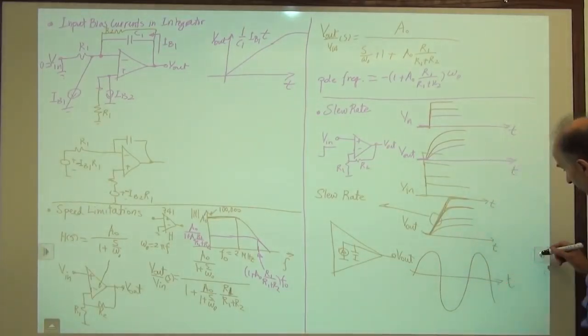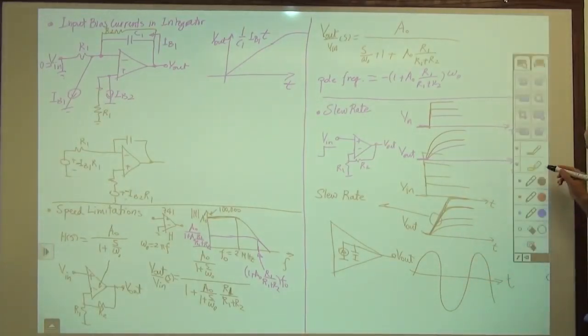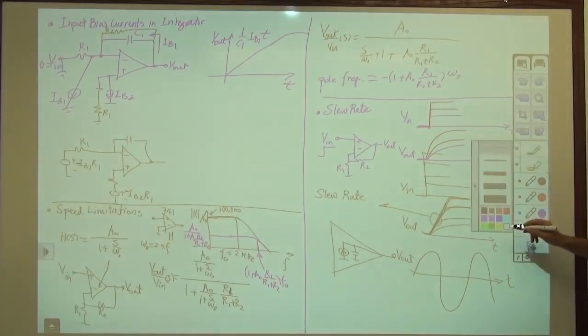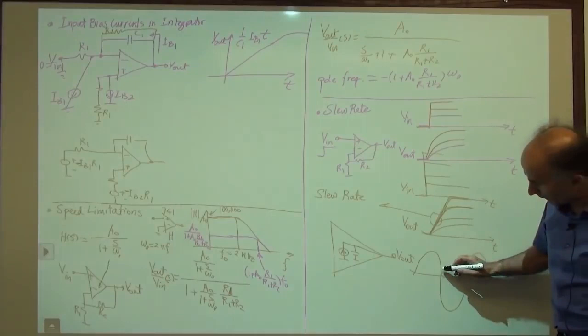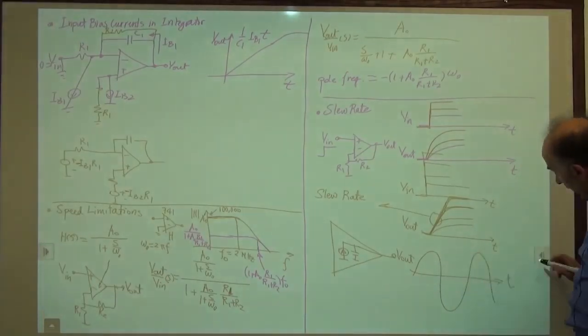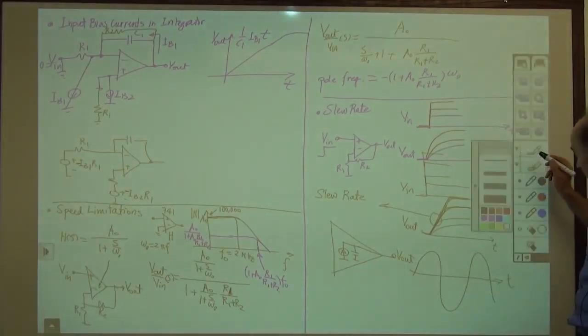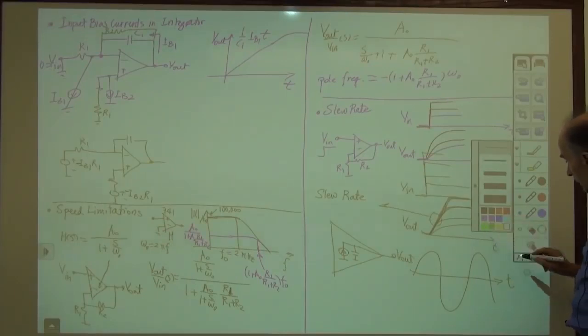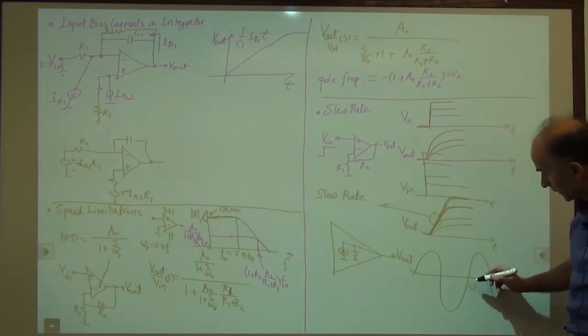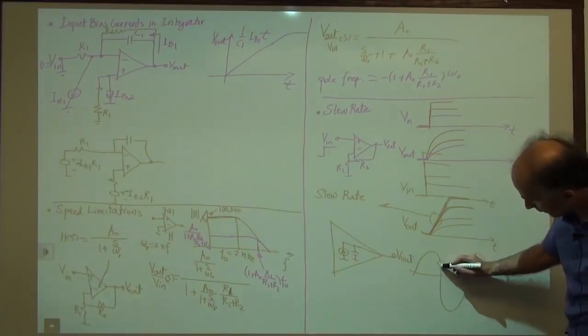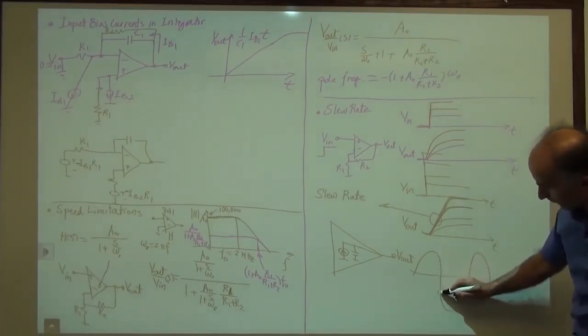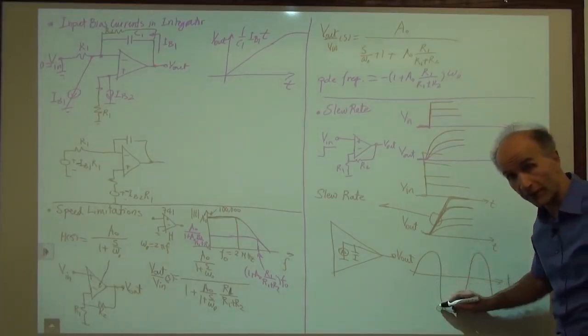But what happens is that in the presence of the slew rate, we no longer have a sinusoid. So right around here, we are asking the output of the op-amp to change quickly across a large value.